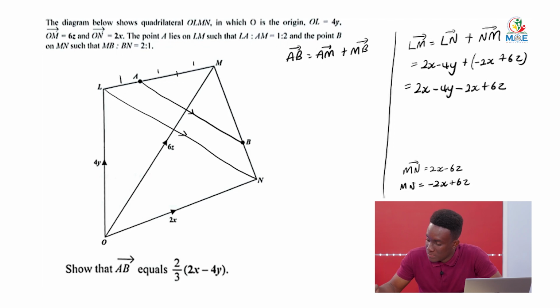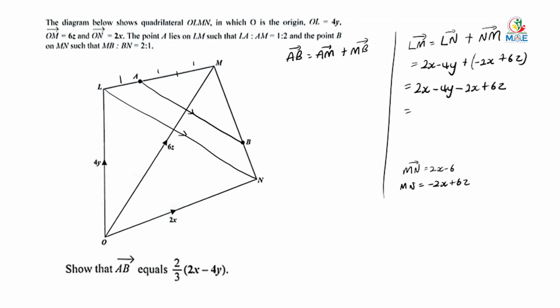Let's put the like terms together. So this will be 2x minus 2x, plus 6z minus 4y. This will be 0, and we'll have 6z minus 4y. So that is equal to LM.